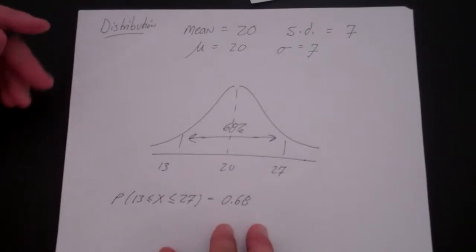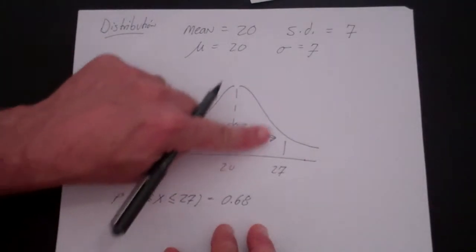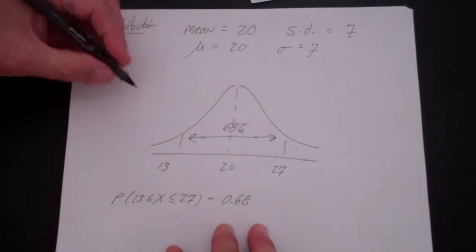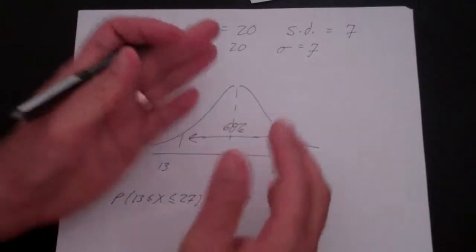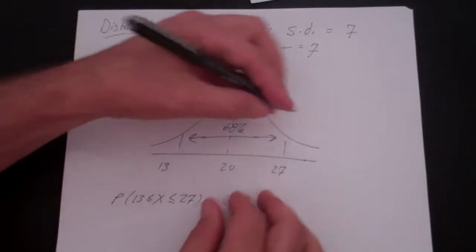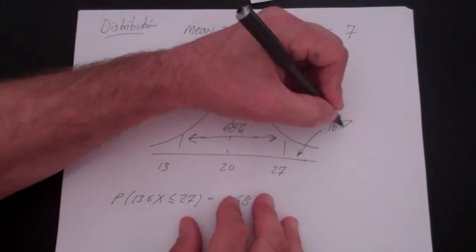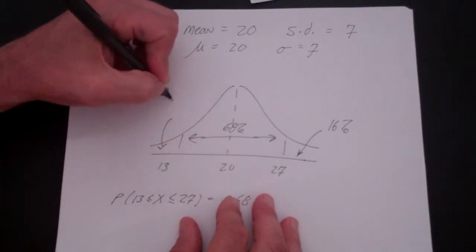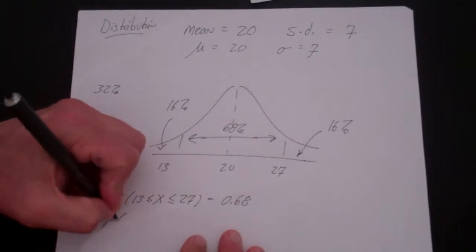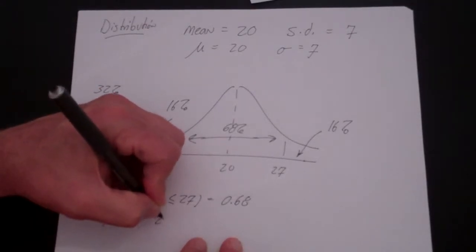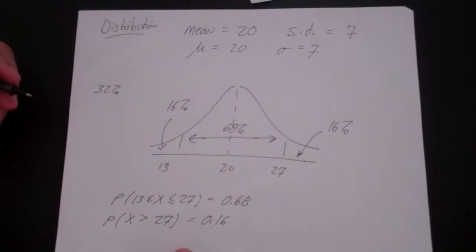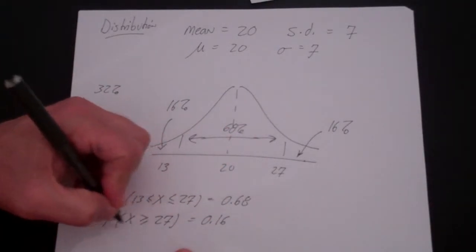But another thing that's important is that 68% of the distribution is within the middle of the distribution. That leaves 32% for the two ends. Since there's two ends and they're symmetrical, then exactly 16% will be in the upper tail and 16% in the lower tail. So another way to say that is the probability that x is greater than 27 would be 0.16. Or it could be greater than or equal.